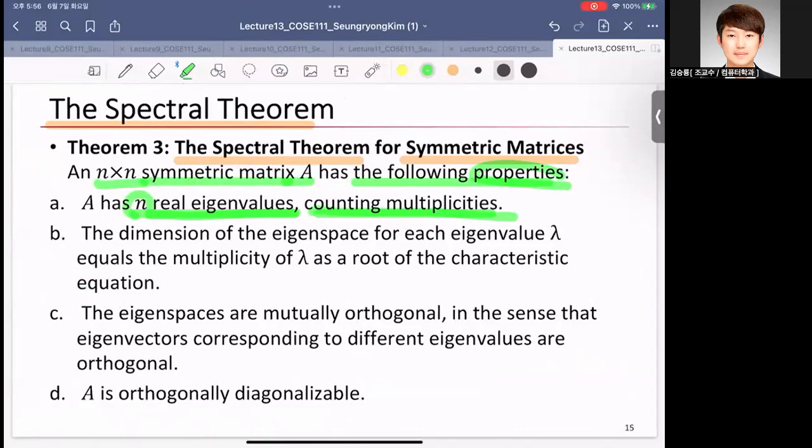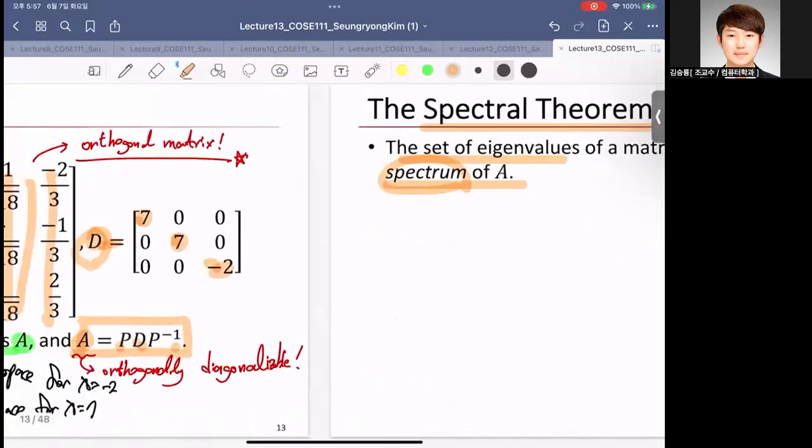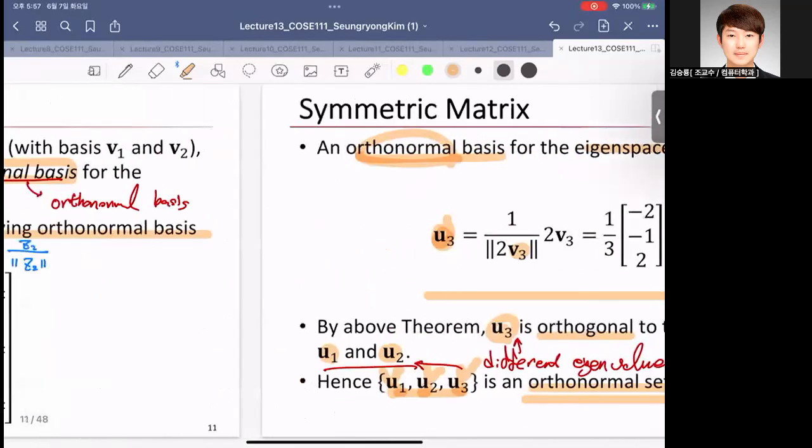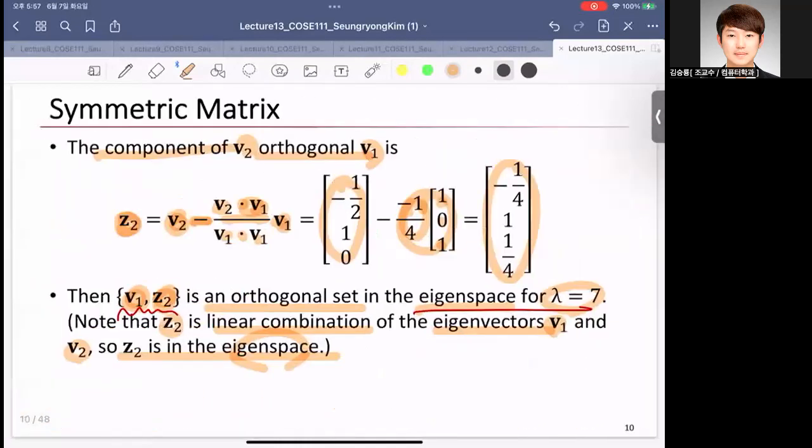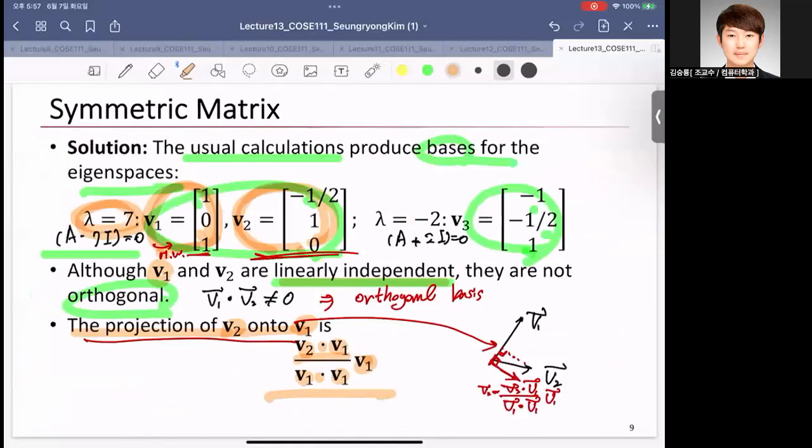The second property is that the dimension of the eigenspace for each eigenvalue lambda equals the multiplicity of lambda as the root of the characteristic equation. For example, in this case, lambda is 7, and the multiplicity of lambda is 2. 그렇죠?